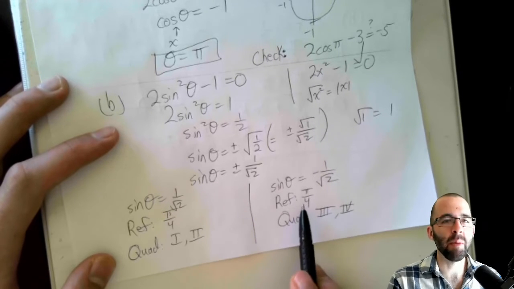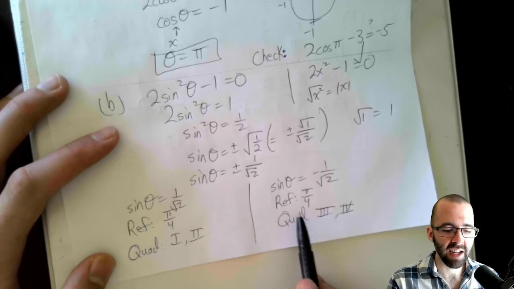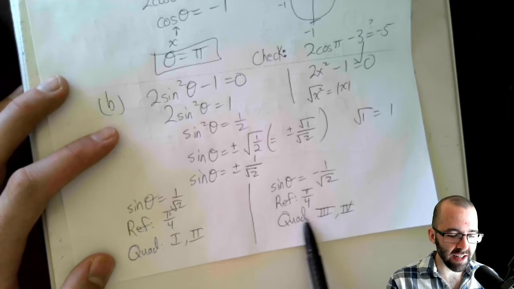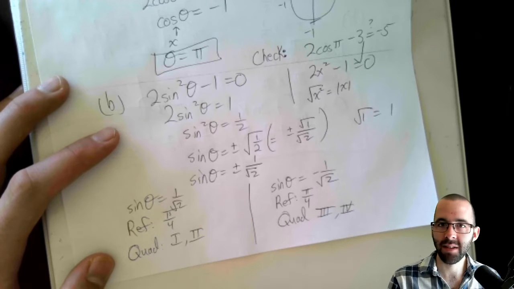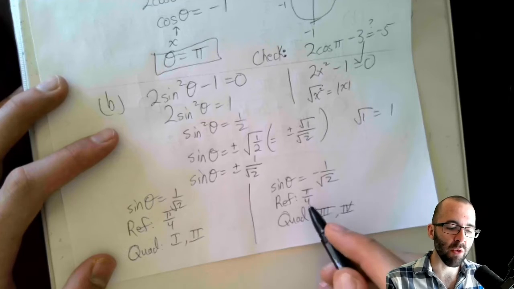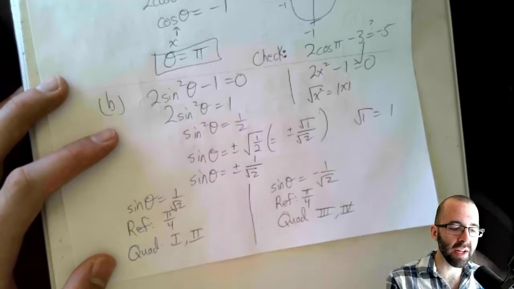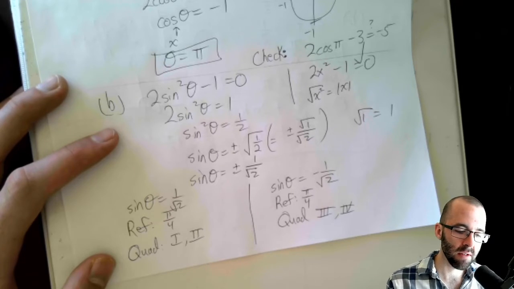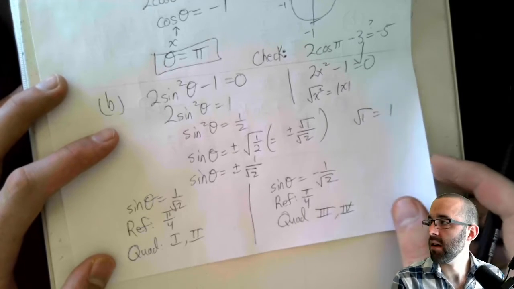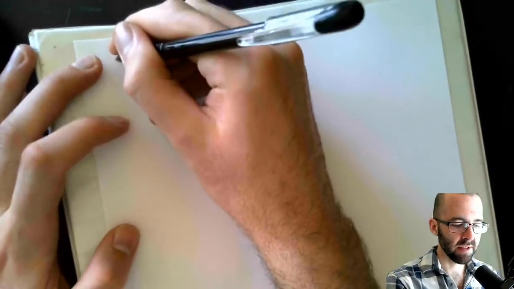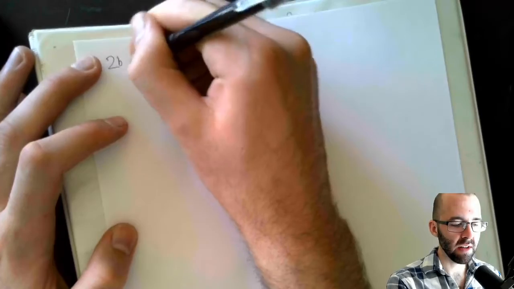So really, we just need all the pi over 4s. We need pi over 4 in the first, second, third, and fourth quadrant. All of the angles that have a reference angle of pi over 4 in every single quadrant are going to be an answer to this question. So we just draw a little picture and find them out. This is to be continued.